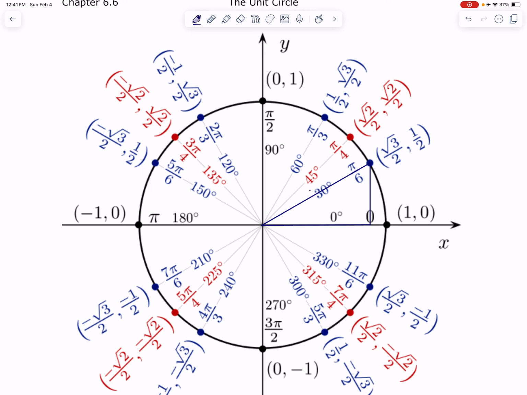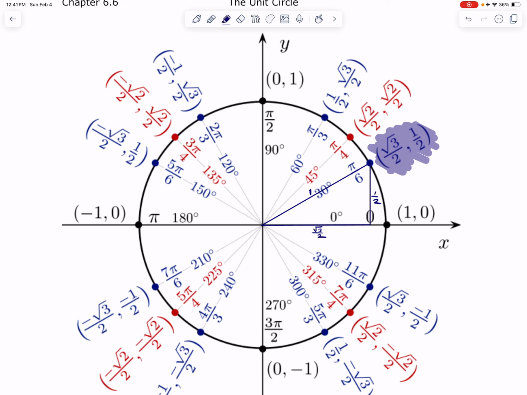Again, this is a unit circle, so my radius is 1. The length of the short side is 1/2. The length of the long side is square root of 3 over 2. And so this ordered pair is square root of 3 over 2, 1/2.